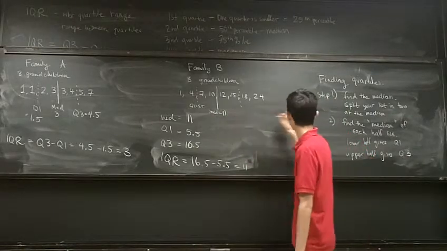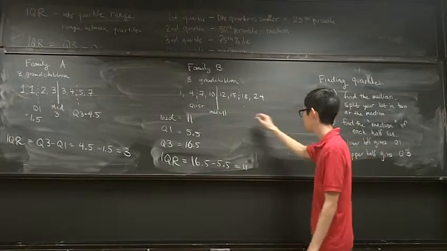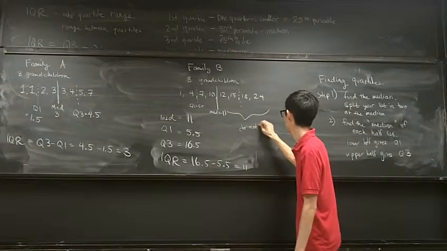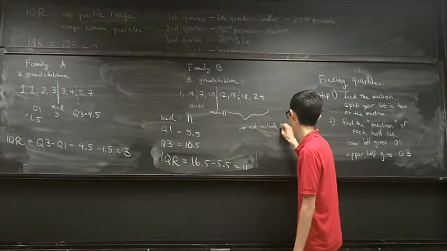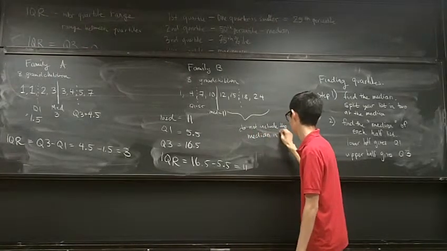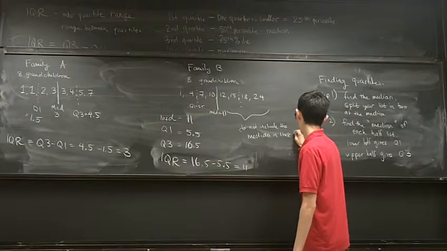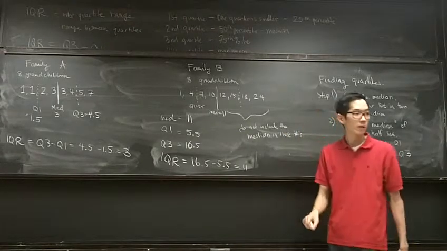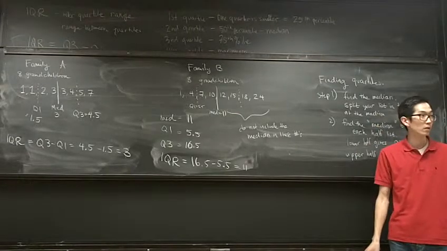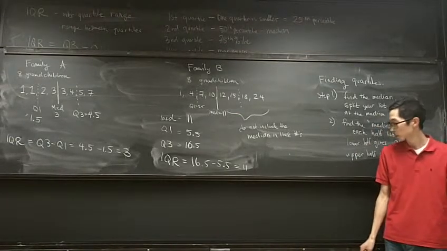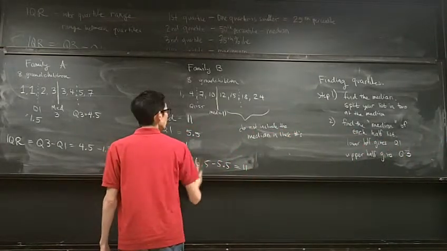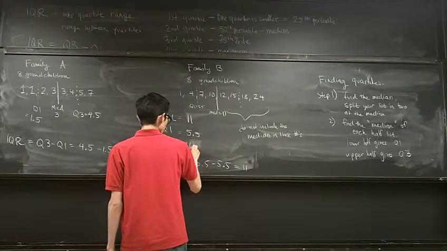Do not include the median. Q3 is 16.5. Okay, 16.5.